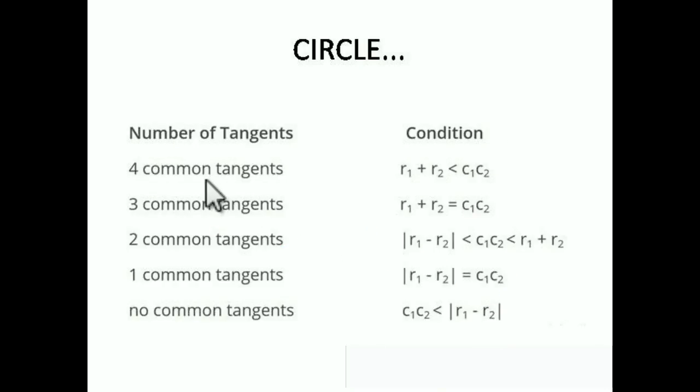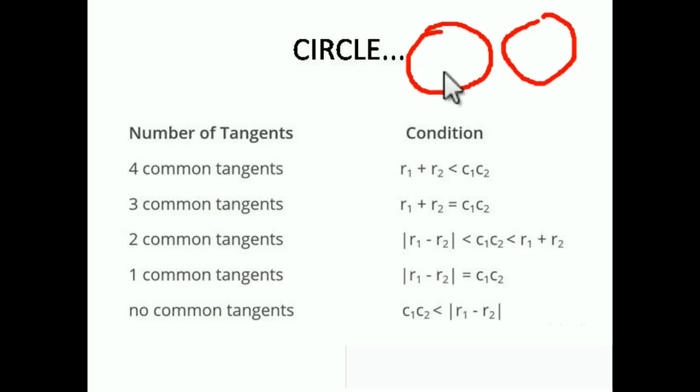See, 4 common tangents: when the circles do not intersect and do not touch each other externally, like this. In this case, this is the center C1 and this is the center C2.